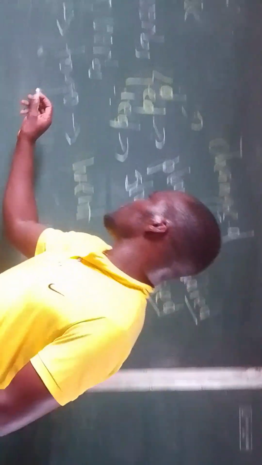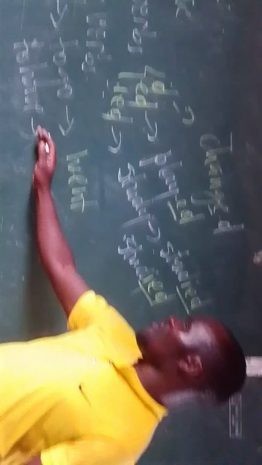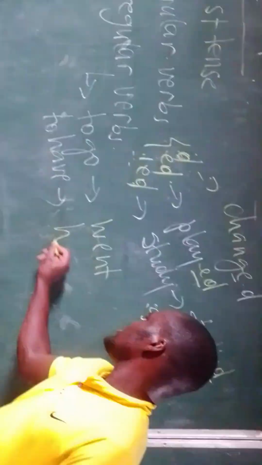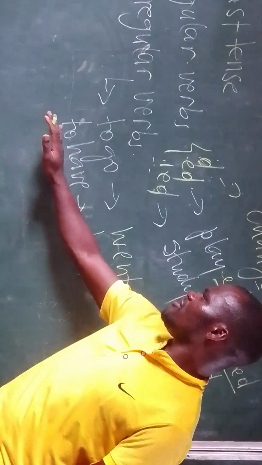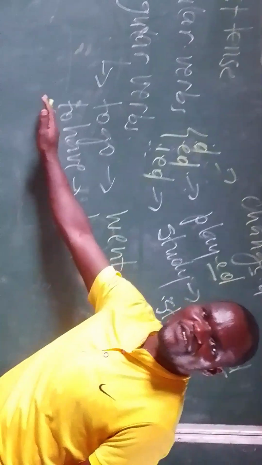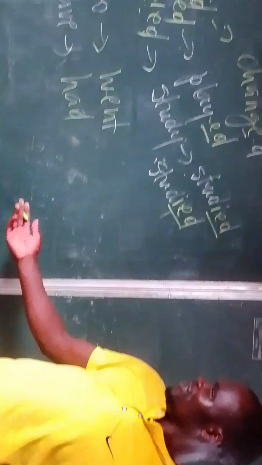We have the verb to have. Now it's going to be had. You see, the form of the verb to have has been changed completely.